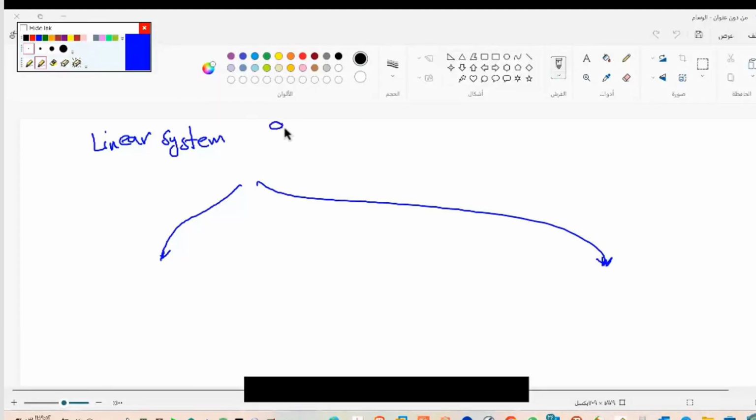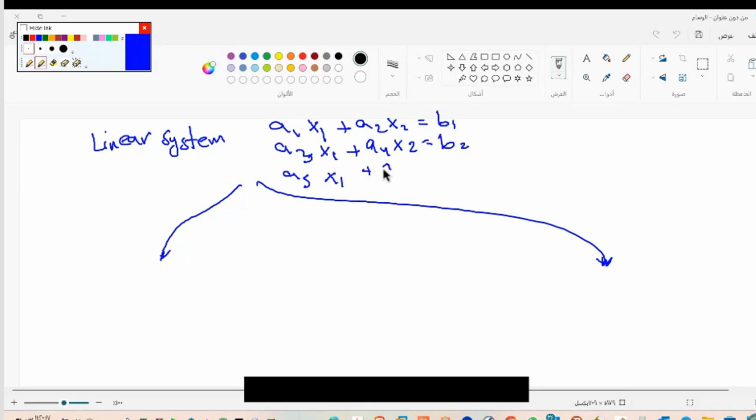For example, a1 x1 plus a2 x2 equal b1, a3 x1 plus a4 x2 equal b2, a5 x1 plus a6 x2 equal b3.